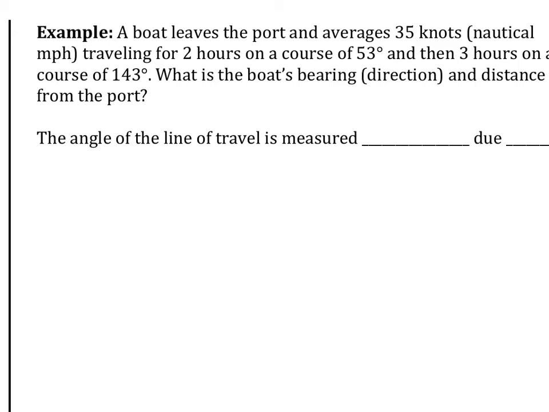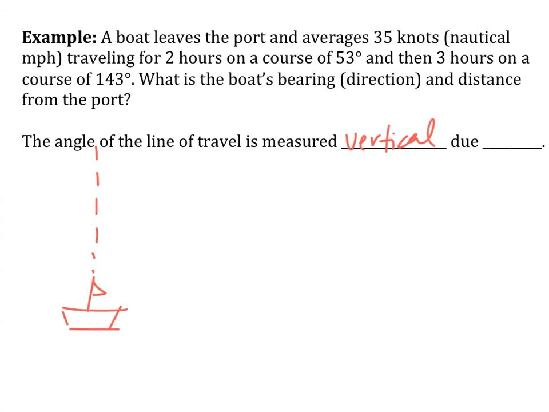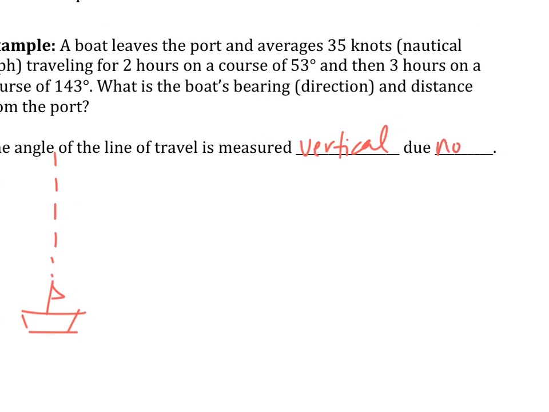If you don't do that, your answer is going to be all wrong. Your boat is right here, and this is how you calculate the angle from the vertical, due north.